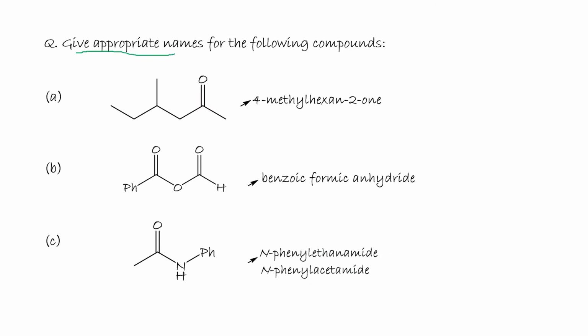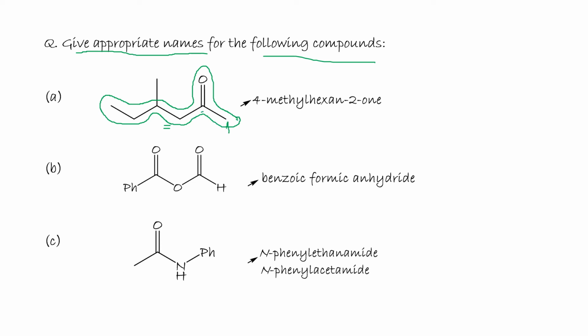Give appropriate names for the following compounds. What is the name of this compound? It has a C double bond O, a ketone functional group. This is the long chain containing the carbonyl.